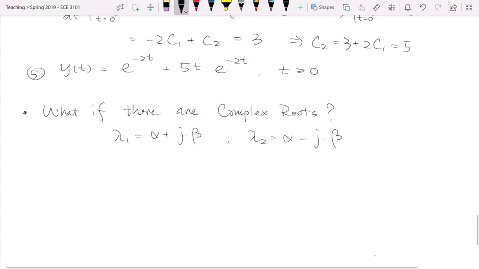Right? This is a given result, so keep in mind if one of them is a root, its complex conjugate must also appear. They have to appear in pairs.